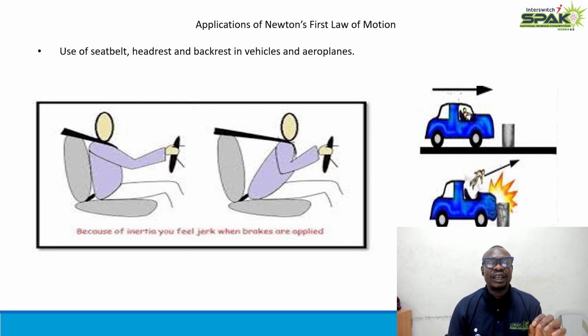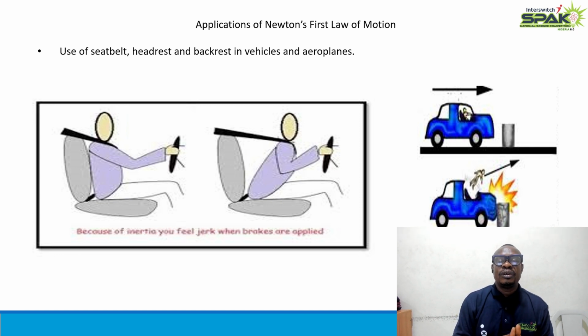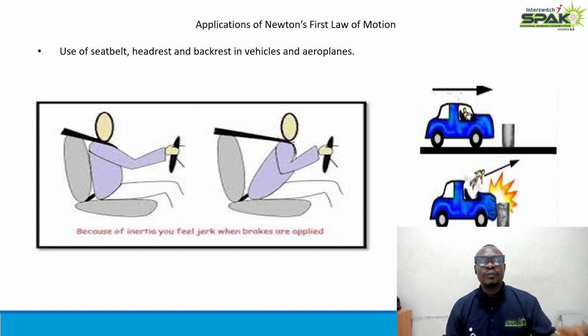It is represented with a lowercase p equals mv. And what is the SI unit for momentum? The SI unit for momentum is Newton seconds. Actually from derivation it is kilogram meter per second, but it is equivalent to Newton seconds. This we are going to see in the subsequent slide.